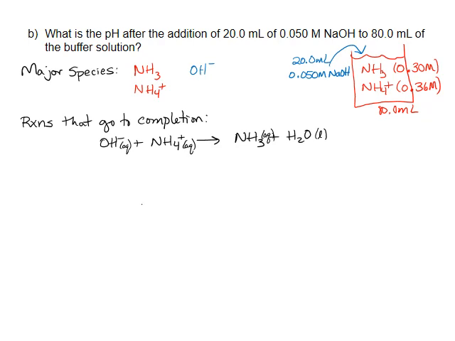Also, in this problem, we do have a volume change to worry about. We're starting with 80 milliliters of the buffer and adding 20 milliliters of a sodium hydroxide solution. So we'll deal with this stoichiometry in terms of moles. So I'm going to set up a stoichiometry table. The first thing that we need to do is figure out the moles of hydroxide, ammonium, and ammonia that we start off with.